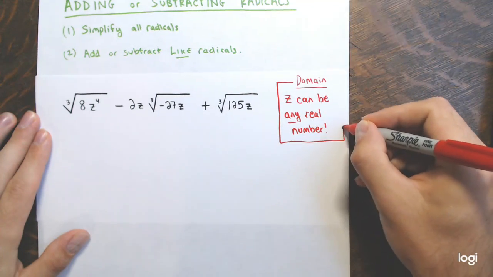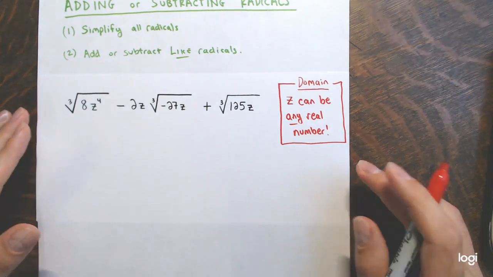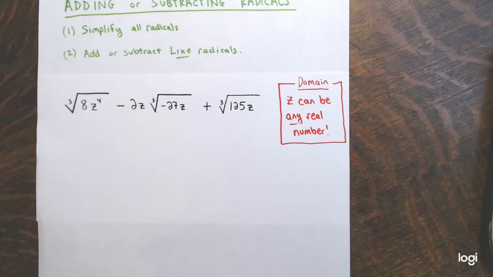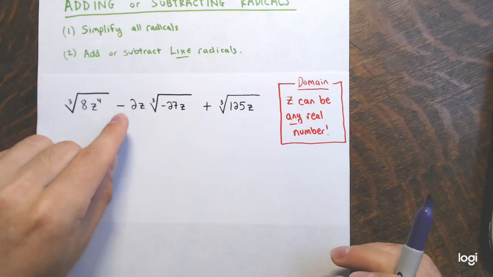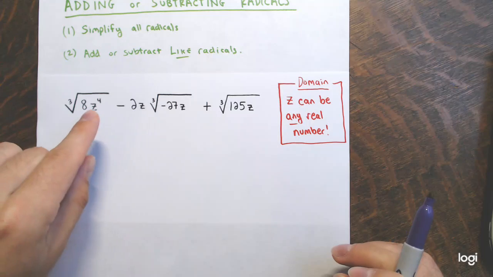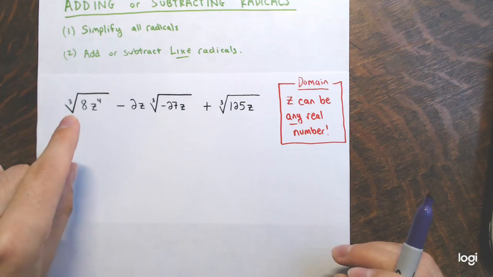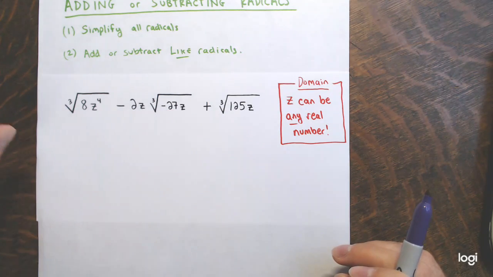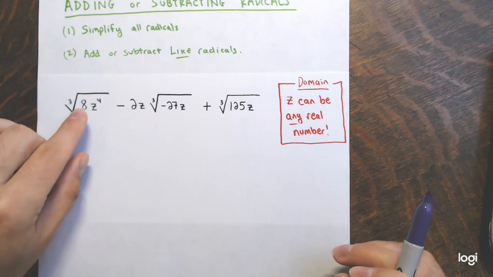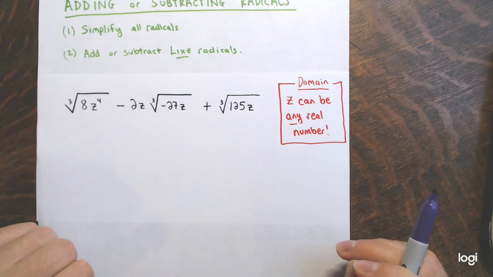Great, and let's keep that in mind for later. All right, so definitely the radicals are not like. Yes, they're all cube roots. They all have the same index, but they all have different radicands.